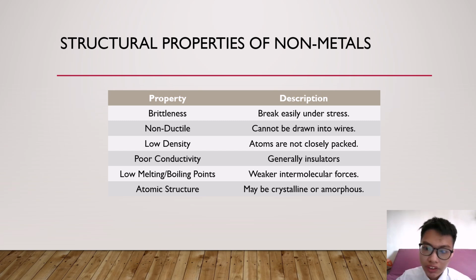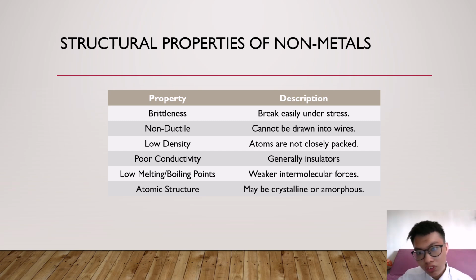Next, this is a table of structural properties of non-metals. For the properties, they are non-ductile, with low density, poor conductivity, low melting and boiling points, and their atomic structure.